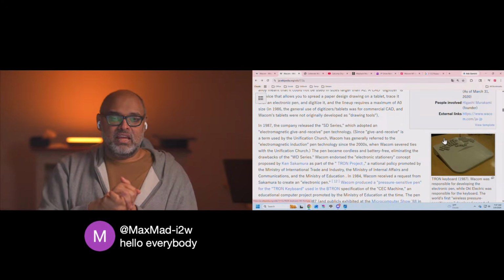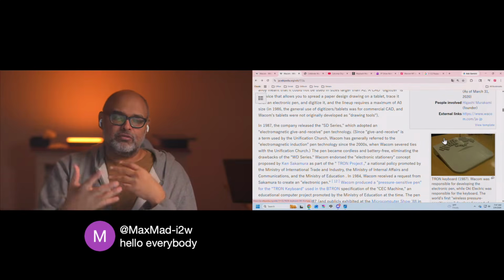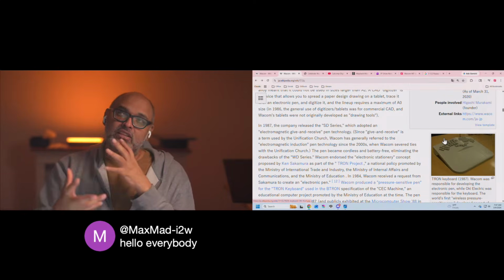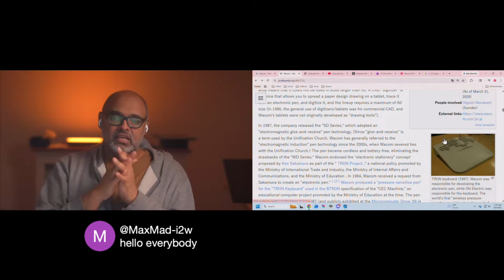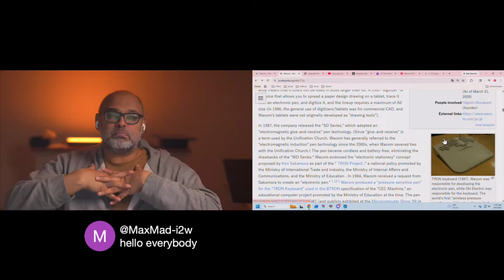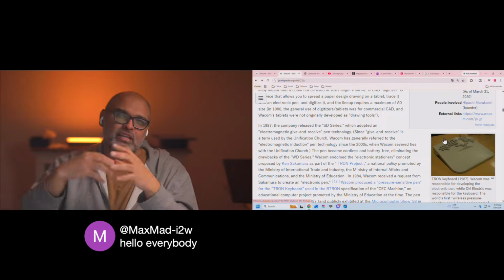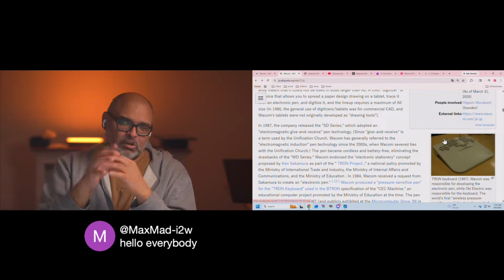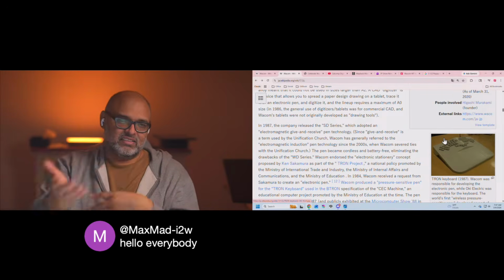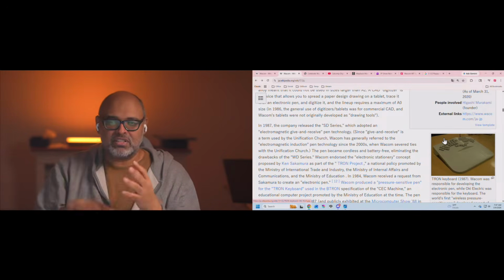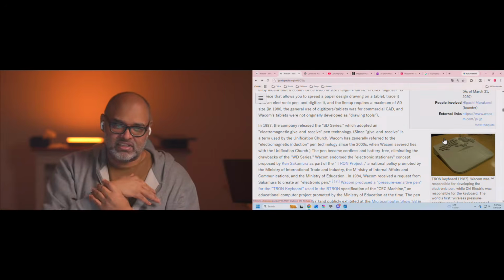Okay. And the give and receive, I think what that's relating to is how EMR works, because the tablet gives power to the pen. That's the give. The pen uses that power to just do a little bit of processing and sends a signal back. That's this give and receive, right? The tablet receives a signal back.